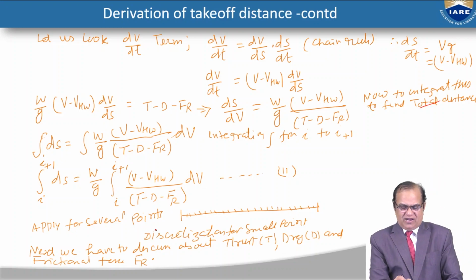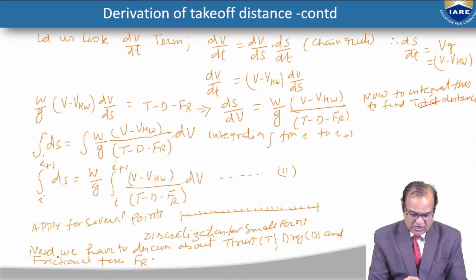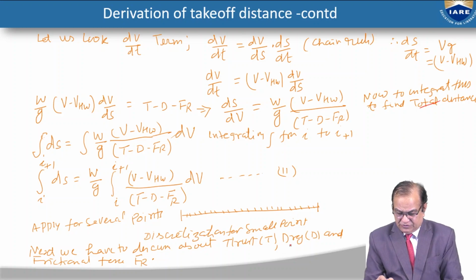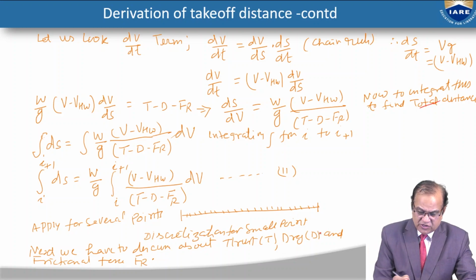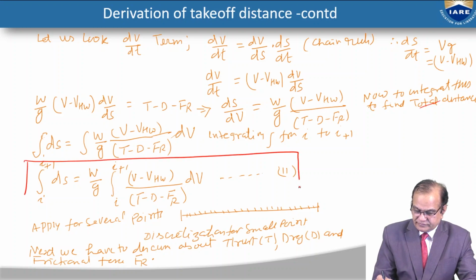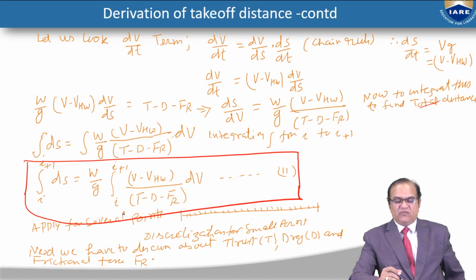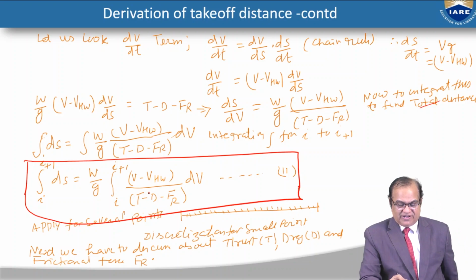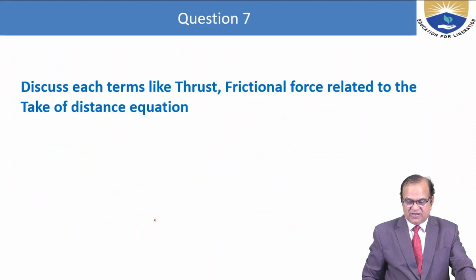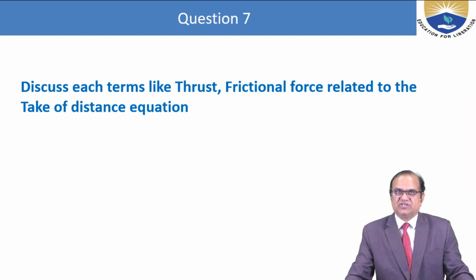Apply for the several points. So we got this distance equation, and we have different terms here, that is the thrust, drag, and FR. These things we will be discussing in the next questions.